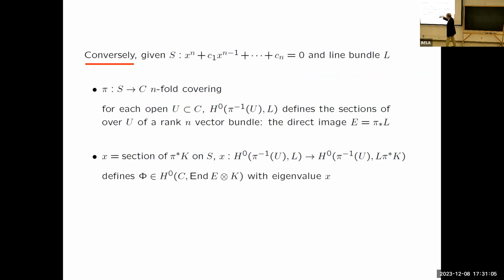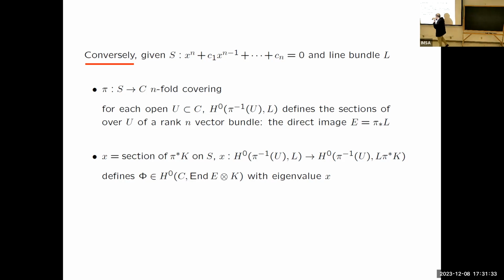What that means is that for each open set U in C, you look at the holomorphic sections of L on the inverse image. At a generic point, the inverse image consists of n copies of the point, and then clearly the holomorphic sections of that are like holomorphic maps into an n-dimensional vector space. So this direct image construction gives you a vector bundle.